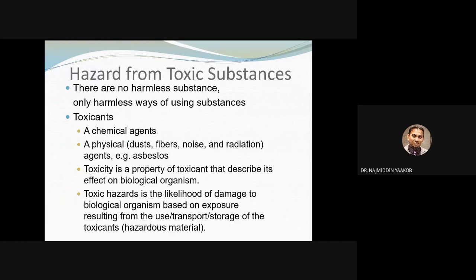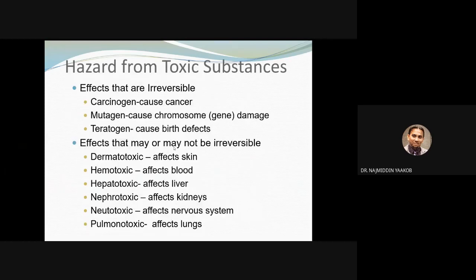It's a chemical agent, a physical agent, or a dust or fiber, and it has toxicity, which is a property of the toxicant that describes the effect on the biological system. Some effects are irreversible, for example, carcinogenic, which can cause cancer, mutagenic, which can cause chromosome damage, and teratogenic, which causes birth defects. Other effects may not be irreversible, for example, effects on the skin, blood, liver, kidney, nerves, and lung.